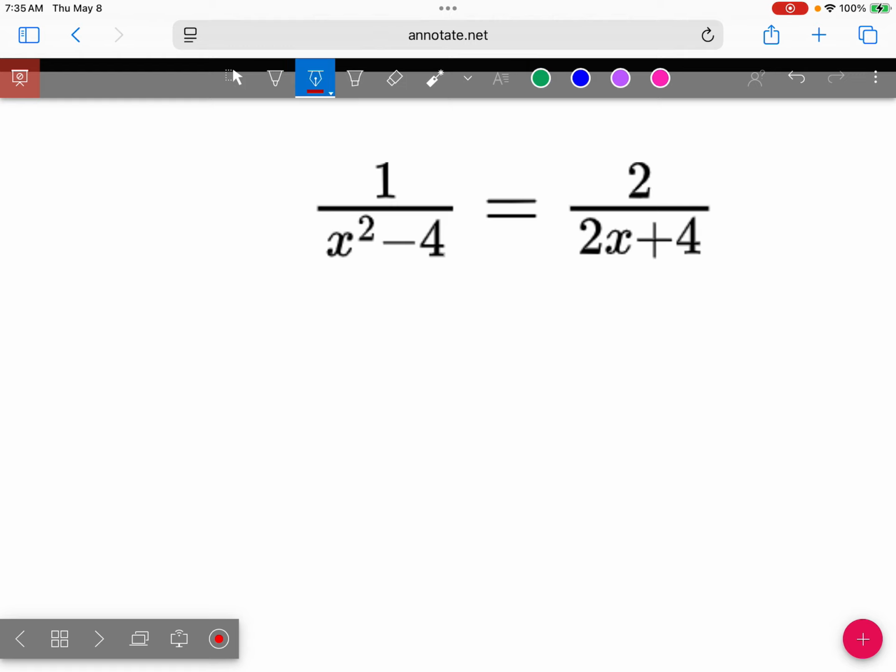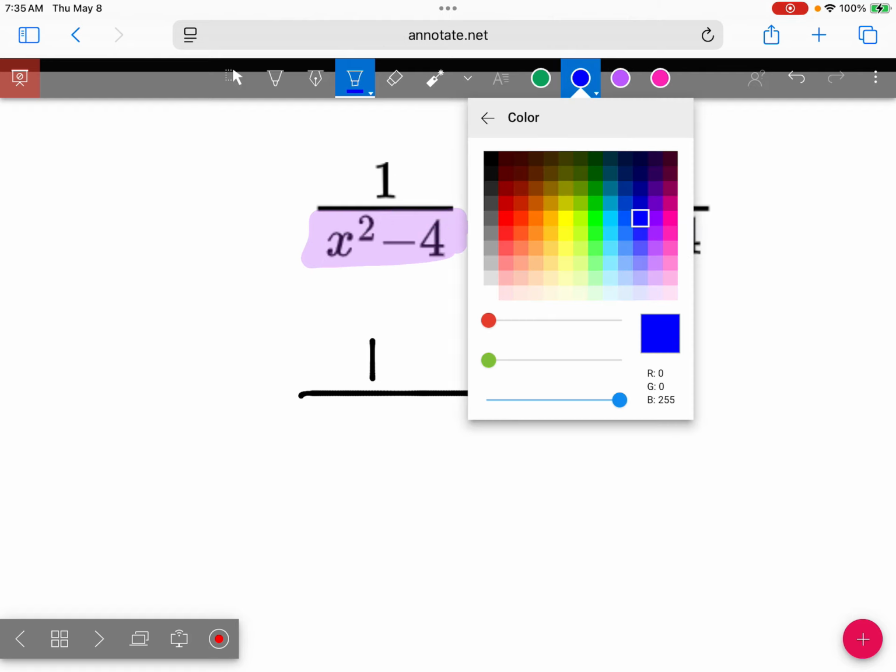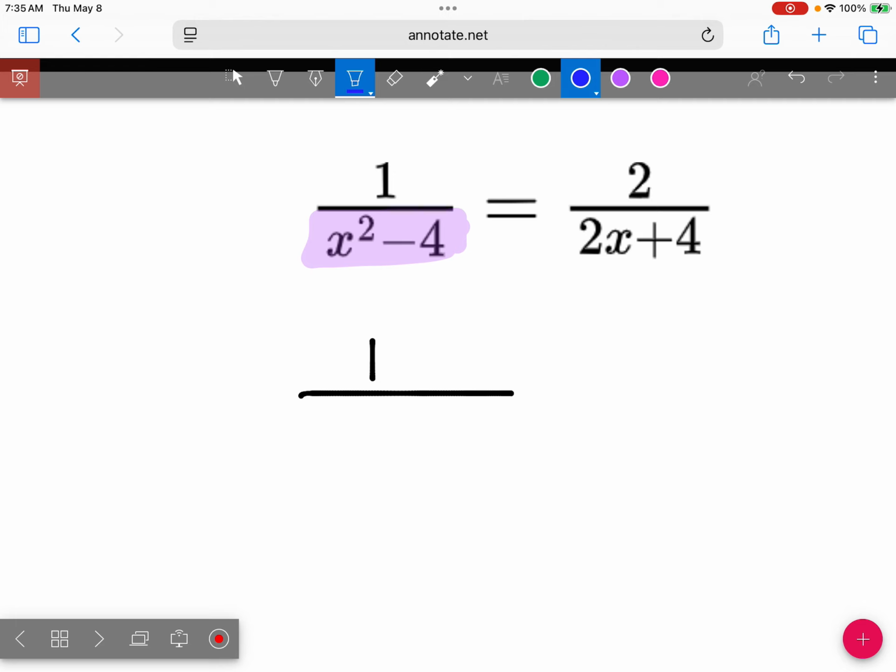So our very first step is supposed to be to factor everything as much as we can. So how does this guy factor? What can we do with that? It is a difference of squares.